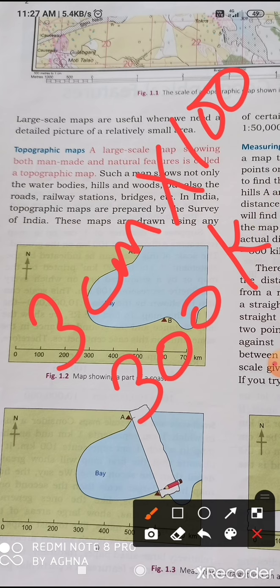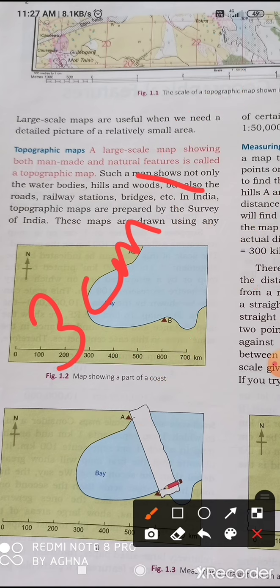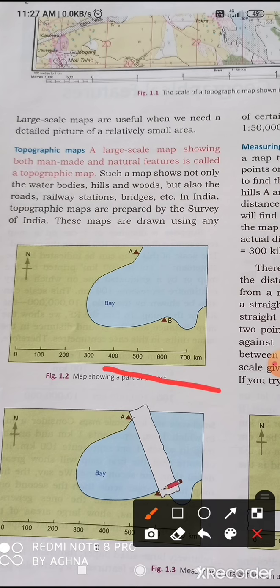Next, how can you find out by a stiff paper or a piece of paper?